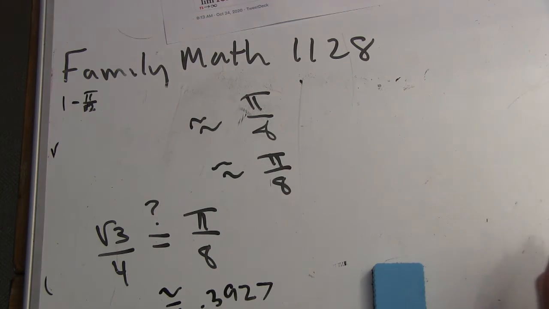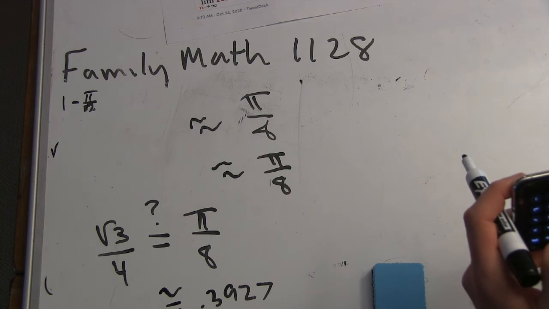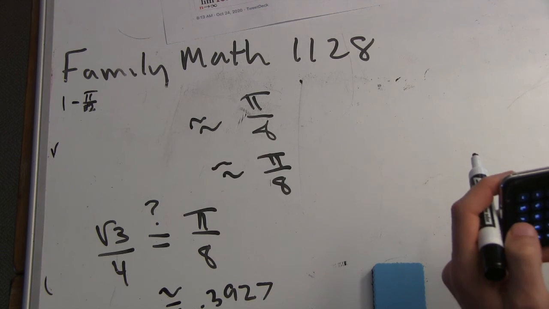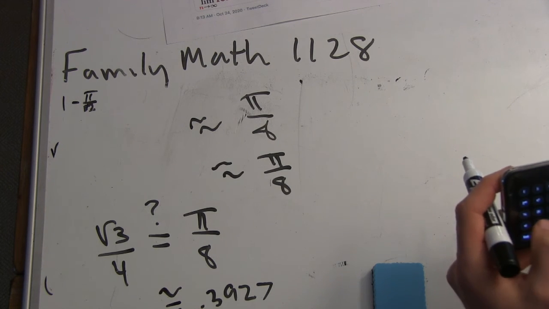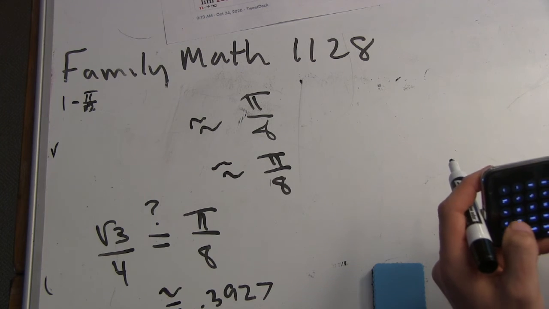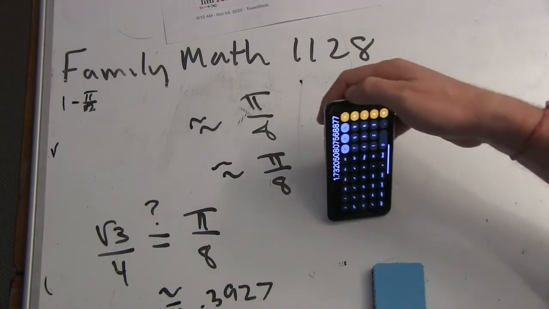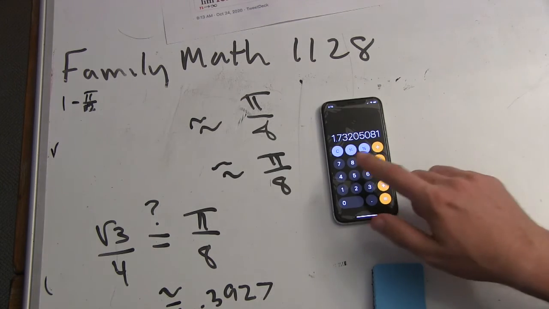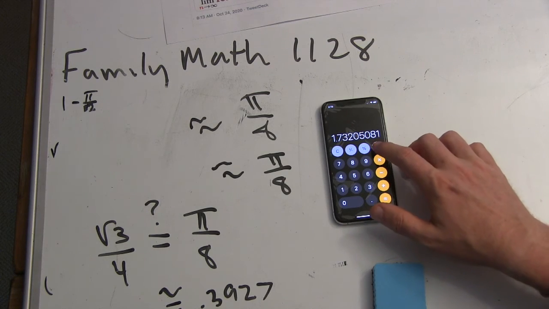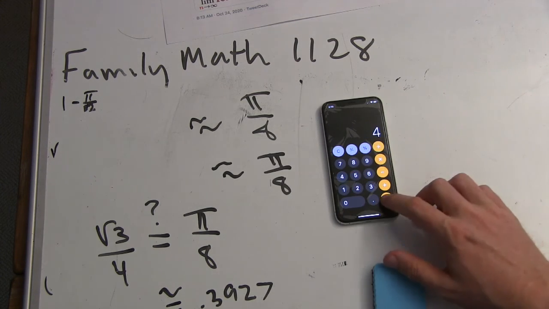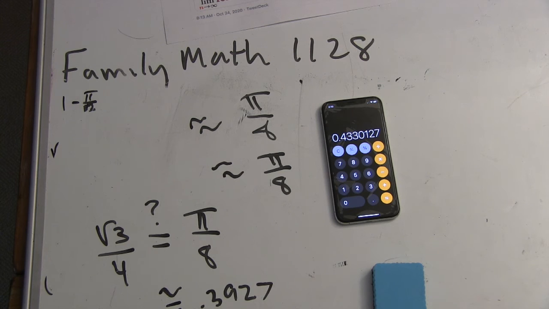Root 3 I don't know off the top of my head, but I think I can turn the calculator sideways. So 1.732 divided by 4 is 0.4330. Yep, so root 3 over 4 is a little bit bigger.